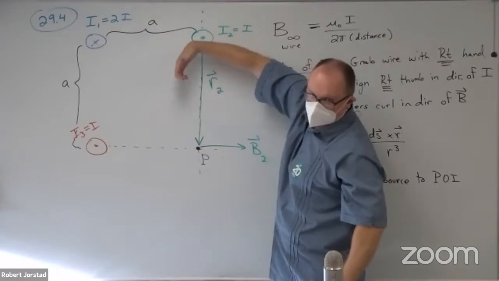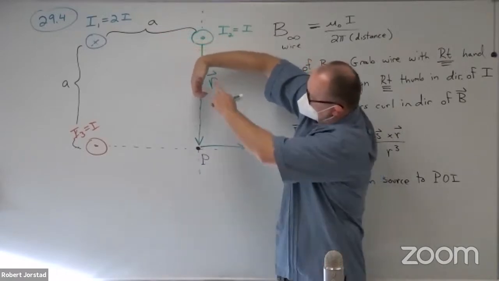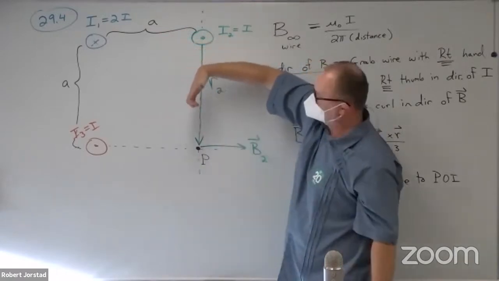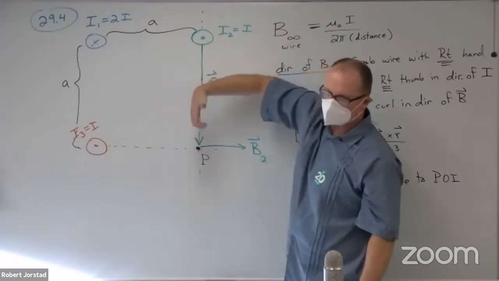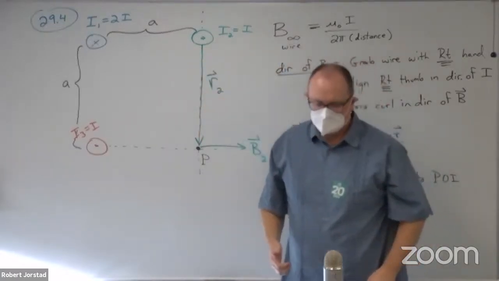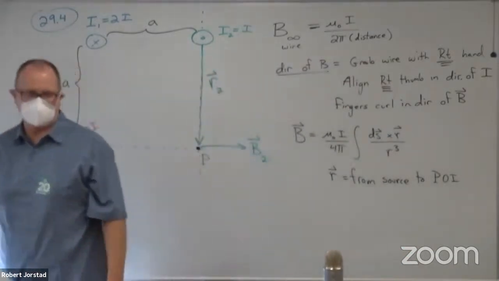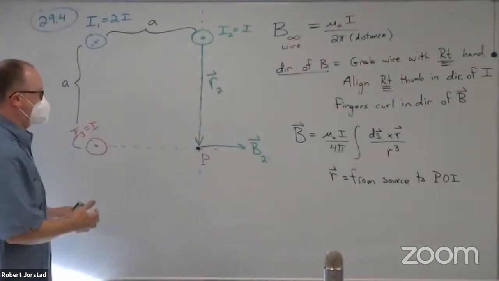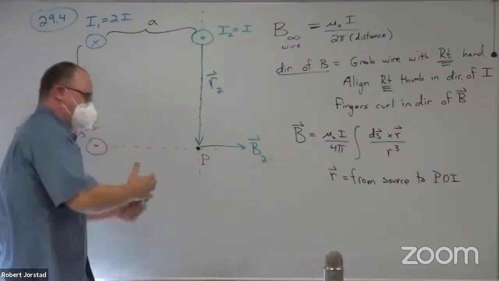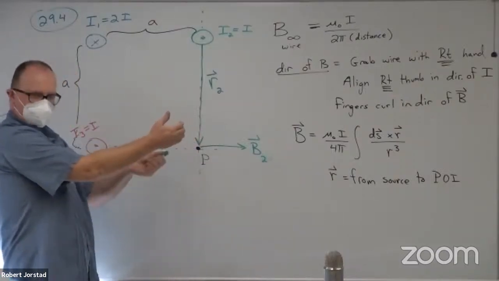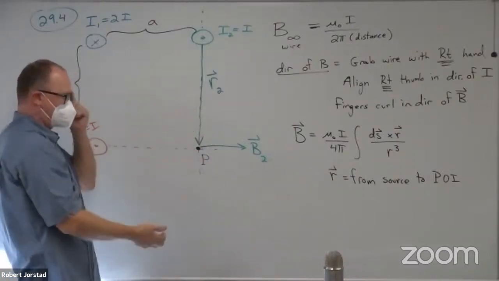See it? That's me, right? So I'm thinking this is the R vector, that's the direction the B field points. Is that helping? Now remember, a good right-hand rule trick for you guys, rather than trying to do that, rotate the paper under your hand on test day, right? Rotate the paper under your hand.